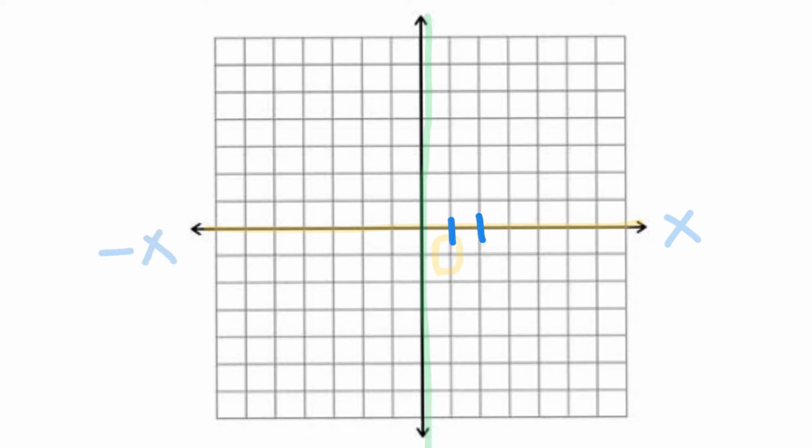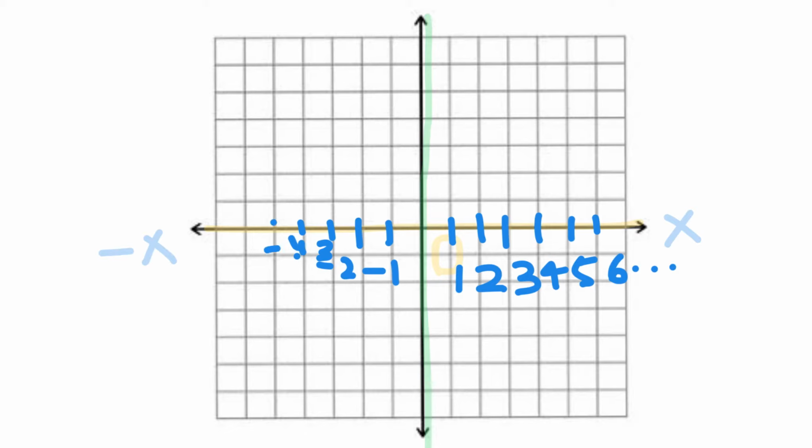If I write the points, then the points here would be 1, 2, 3, 4, 5 and 6 and so on. On the left hand side of 0, the points would be minus 1, minus 2, minus 3, minus 4, minus 5 and so on.